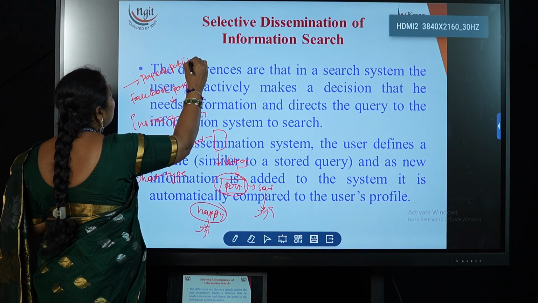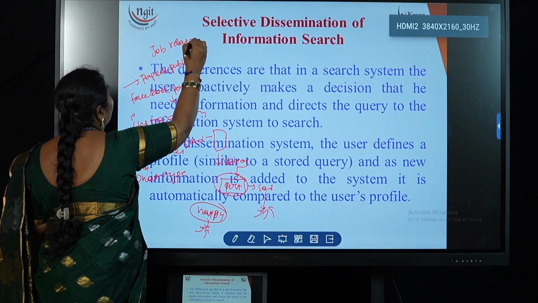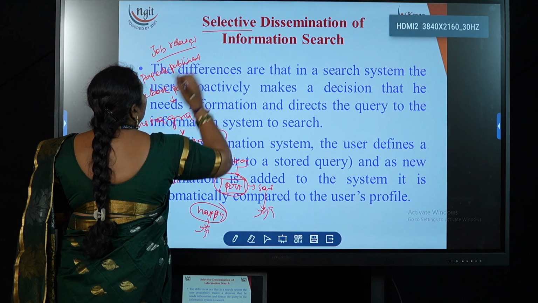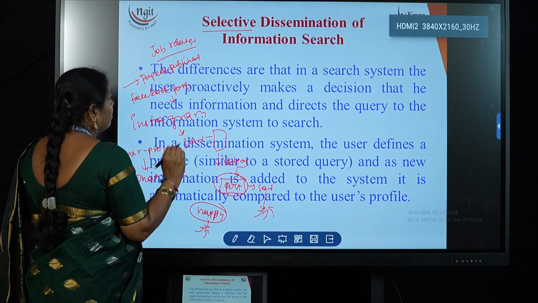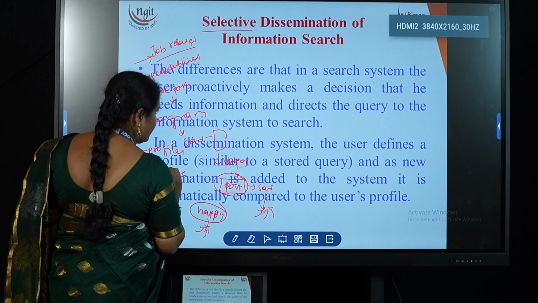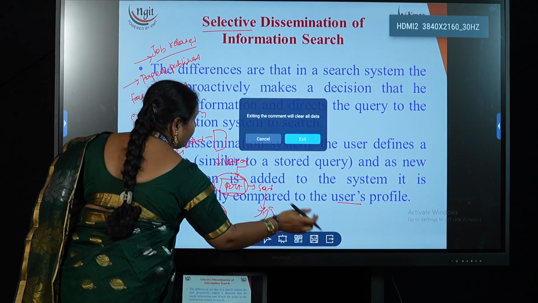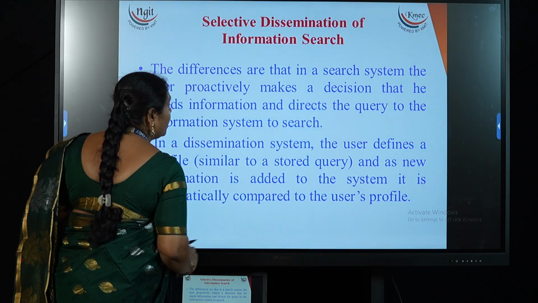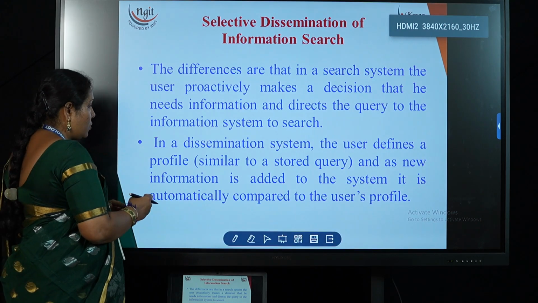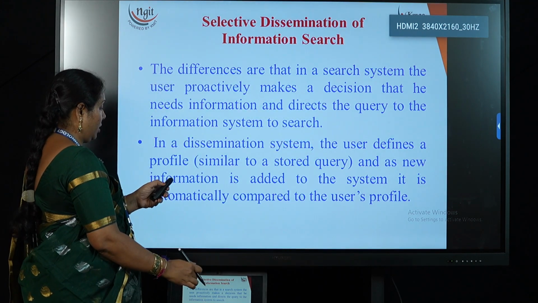For you people, you will always search job-related things on LinkedIn or Facebook. So exactly, in selective dissemination the data will be labeled. Second, it will search according to the user profile. Whatever the user profile is, it will check the data. After browsing, it will compare with the user profile whether it is relevant or not.